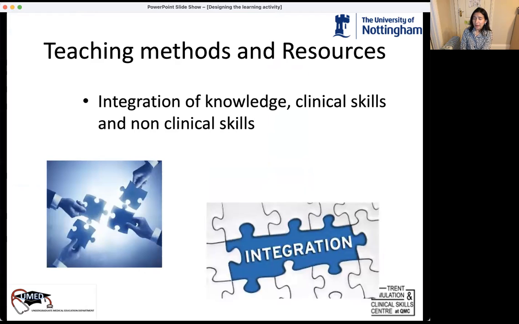We provide bundles of skills like a cannulation station, an airway station, using the part task trainer and low fidelity sim. And we also teach communication skills by inviting simulated patients. But if we would like to integrate all of them, including non-clinical skills and human factors, we will choose high fidelity simulation.